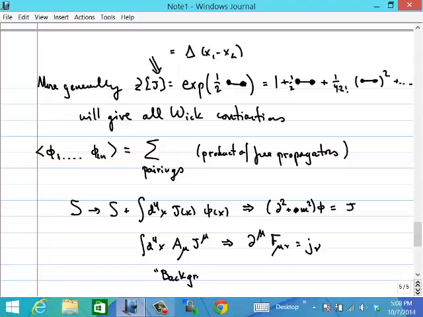So, for example, if you wanted to study the properties of electromagnetism in the background of some charged object, and you wanted to keep that object fixed, you didn't want to study its dynamics, you just wanted to hold it still and study the electromagnetic field in its background, what you would do is write down the current J^mu coming from that object, put it into the path integral, and then start computing with fixed J^mu.